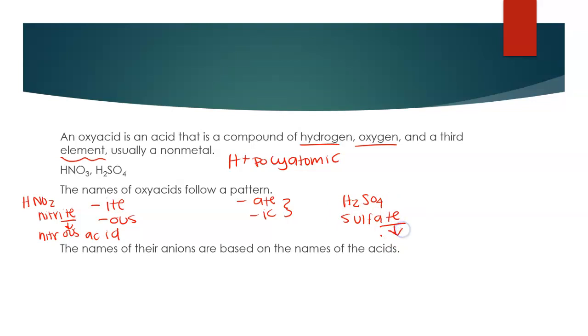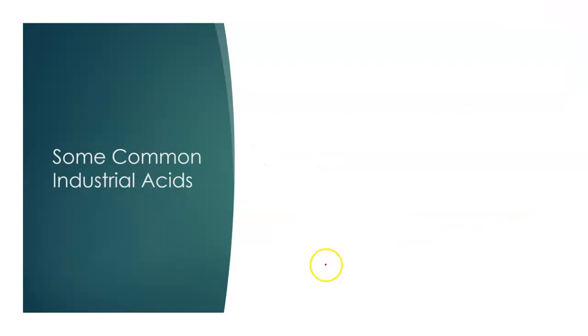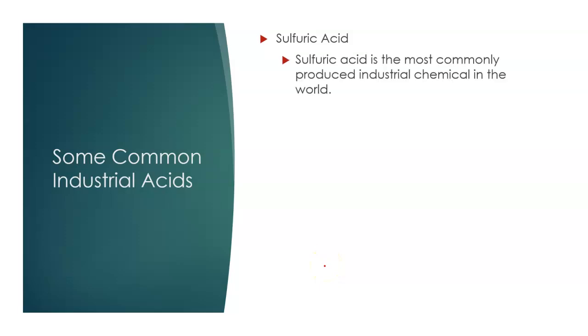The "ate" is going to change to "ic," and we have sulfuric acid. We do not have prefixes on these oxyacids, that's only on our binary acids. The names of their anions are based on the names of the acids. So you should feel comfortable naming oxyacids that end in "ite" or "ate," and their endings respectively change to "us" and "ic." Some common industrial acids include sulfuric acid.